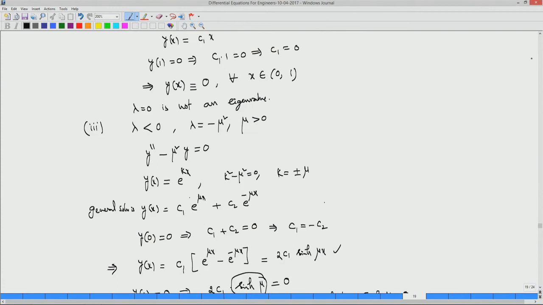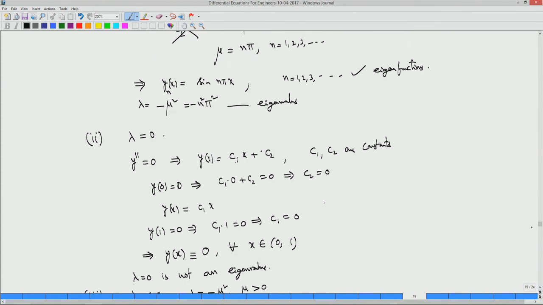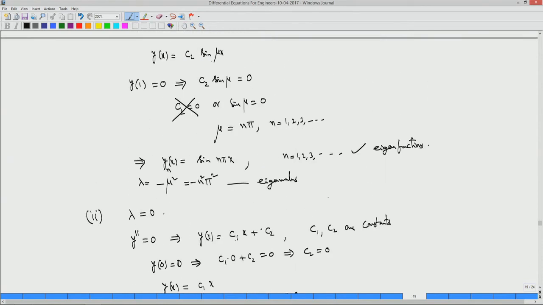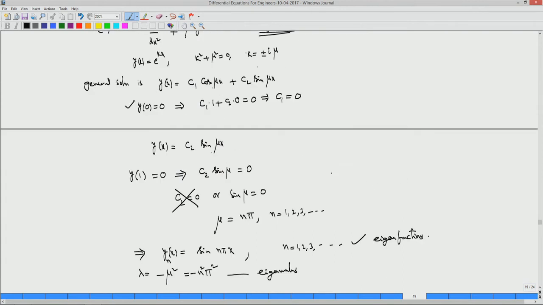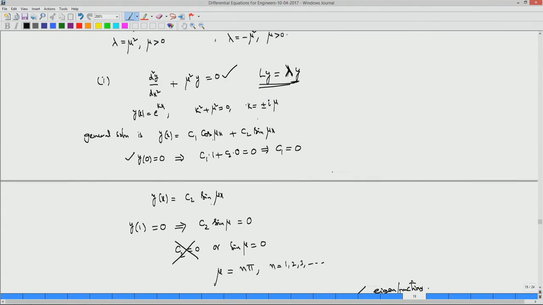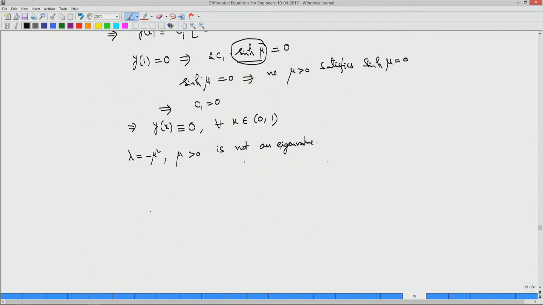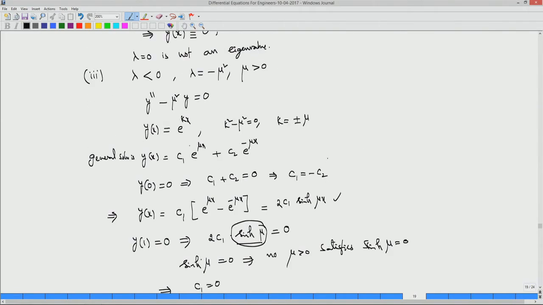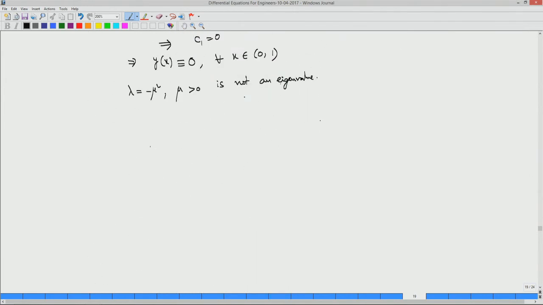So, what you have seen in 3 cases: lambda negative is not an eigenvalue, lambda equal to 0 is not an eigenvalue, only here you get eigenvalues. Okay. So, case 1, that is for lambda positive you have an eigenvalue, lambda equal to mu square. So, you found the eigenvalues and eigenfunctions: minus n square pi square and sin n pi x are the eigenvalues and eigenfunctions respectively.